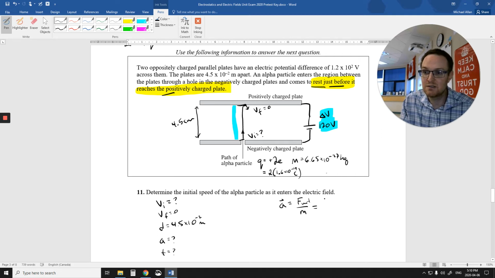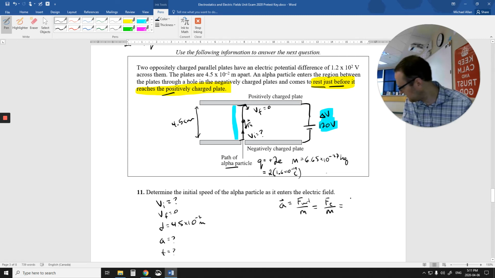It's negligible. So really the only force acting on this, sorry, not electron, alpha particle, is a force of repulsion from the top and attraction to the bottom. This electrostatic force pulling it down. So I'm really just dealing with Fe.